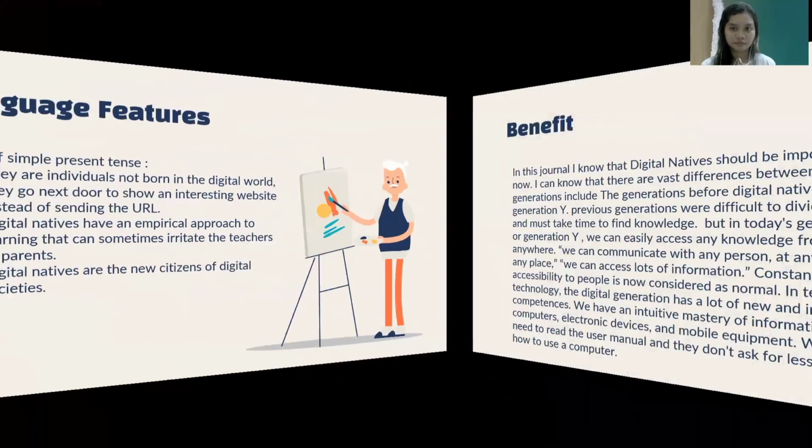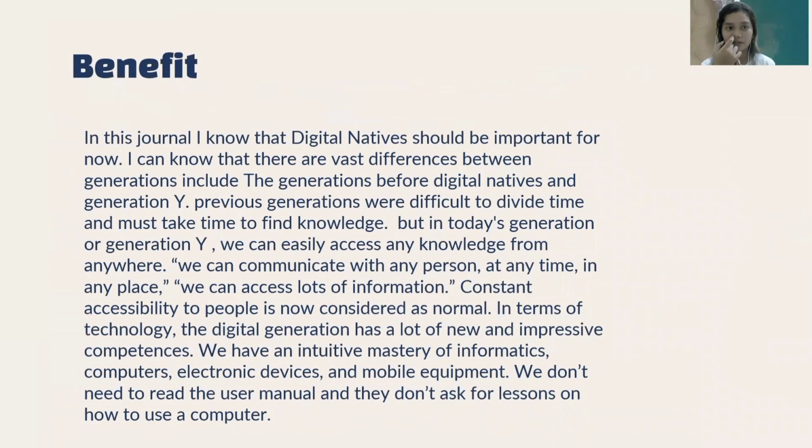After that, the benefit I can get from this text. The benefit I can get is, in this journal, I know that digital natives should be important for now. I can know that there are vast differences between generations, including the generations before digital natives and generation Y. Previous generations found it difficult to divide time and must take time to find knowledge.